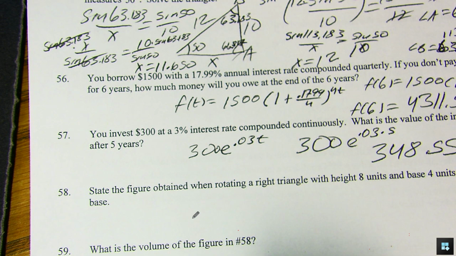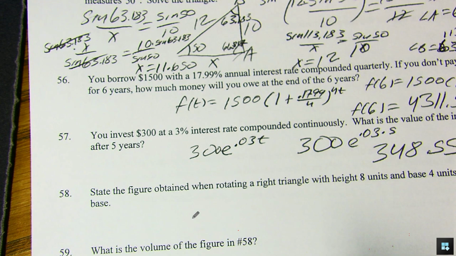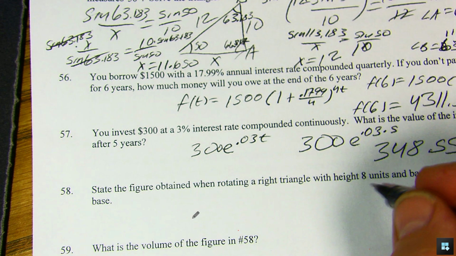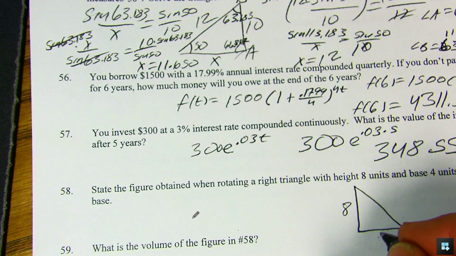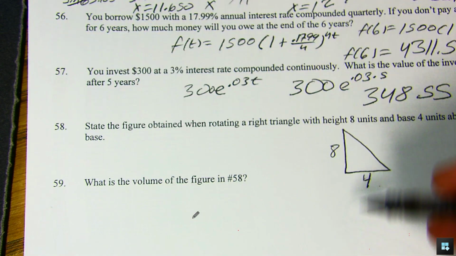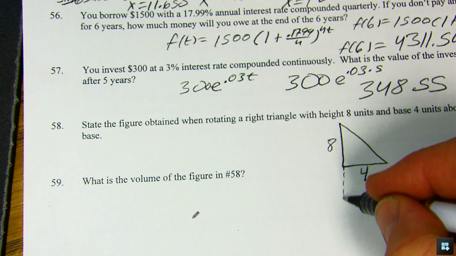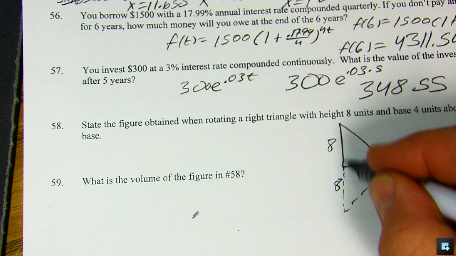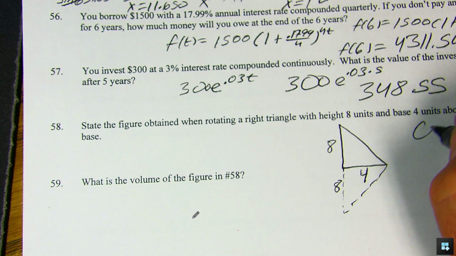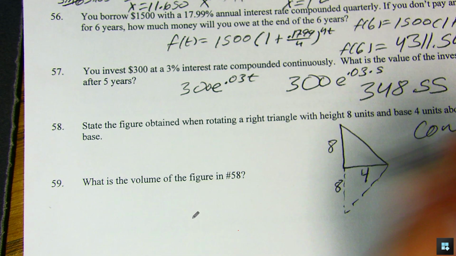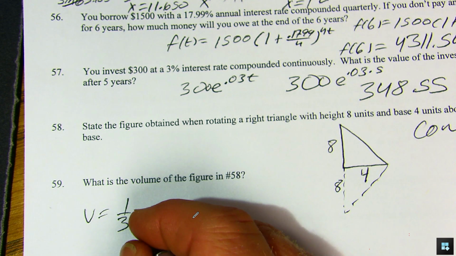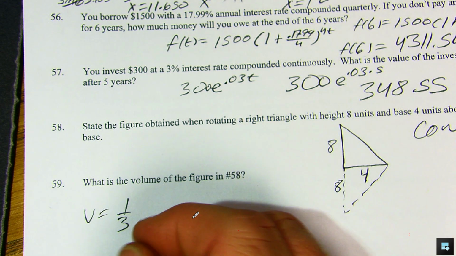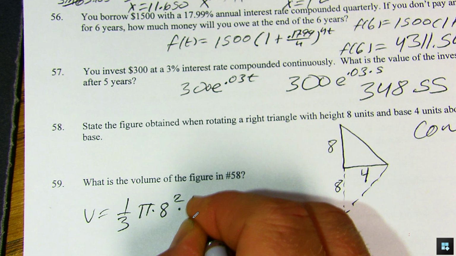58. State the figure obtained when rotating a right triangle with height 8 units and base 4 about its base. So here's a right triangle. Height is 8. Base is 4. You're going to rotate it about its base this way. So in other words, it's going to look something like that. It's going to be a cone. And then it says, what's the volume? So the volume of that cone is going to be 1/3 pi r squared. So therefore pi times 8 squared times the height, which is 4.